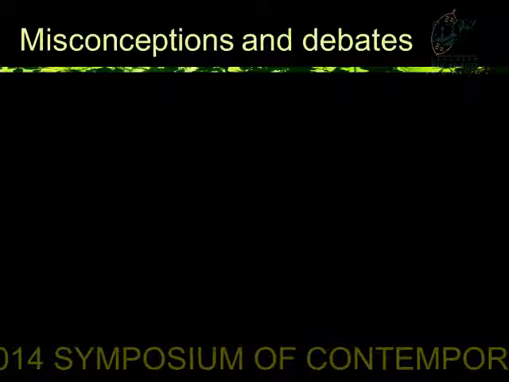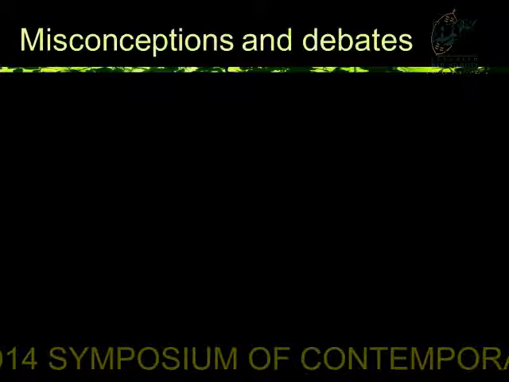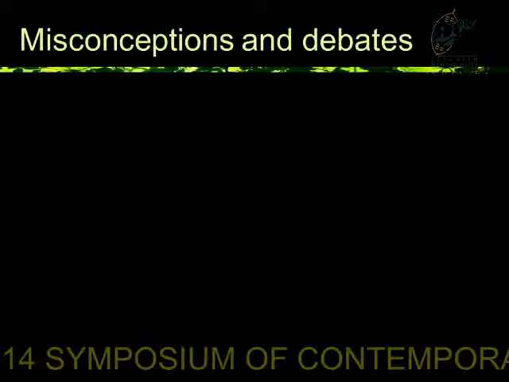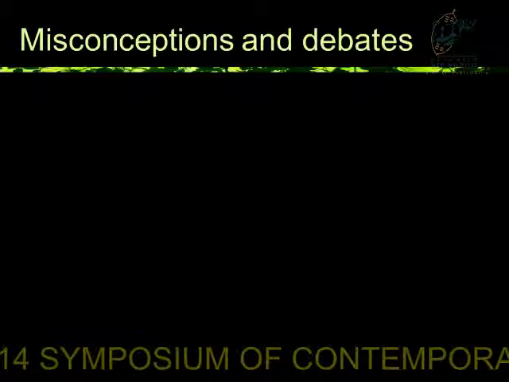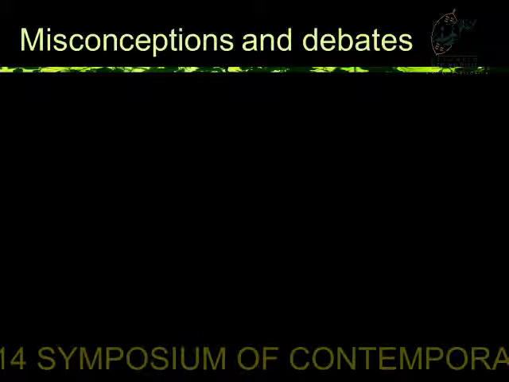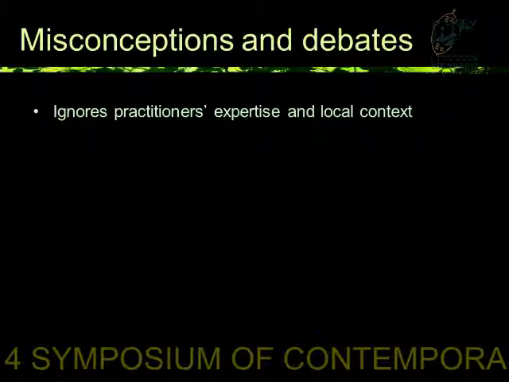When talking to people about what evidence-based conservation is, there are several misconceptions and debates about why we should be using it, or that it's not the best framework. But I think a lot of that comes down to just misunderstanding or not being aware.